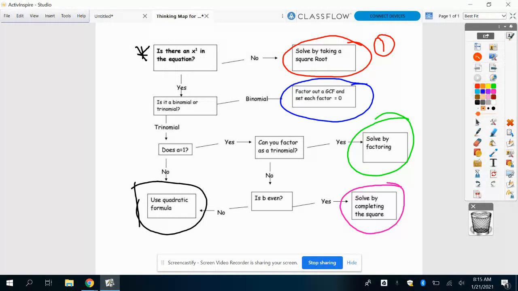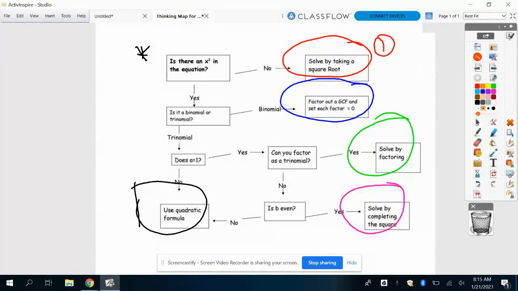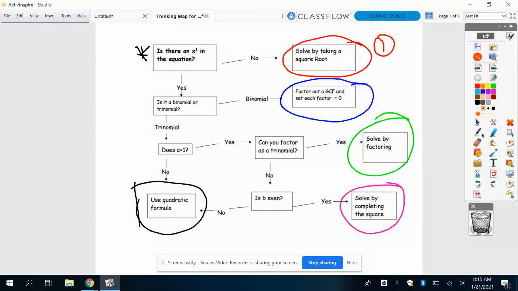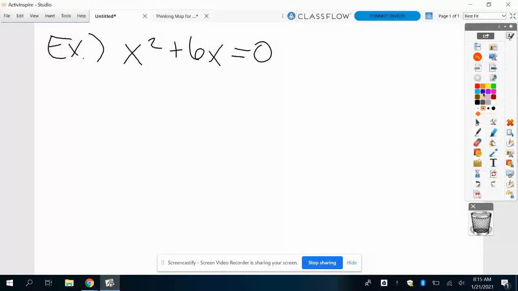That means for this problem, we're going to be factoring out a GCF. So the second example, we're going to factor out a GCF. To do that, we need to figure out what our GCF is. Well, the GCF in both of these is an x. So I'm going to pull out an x.